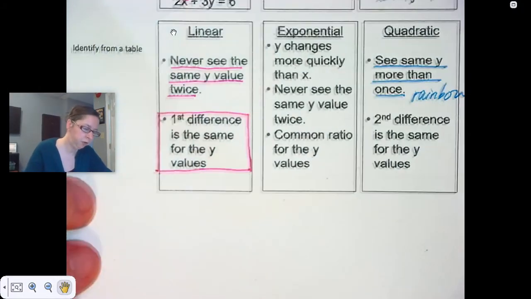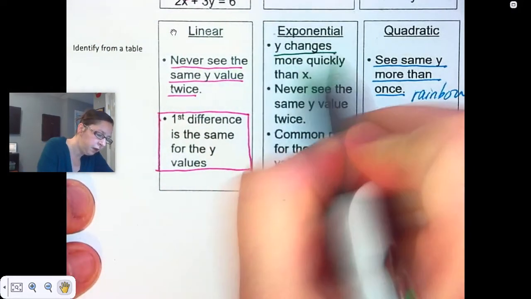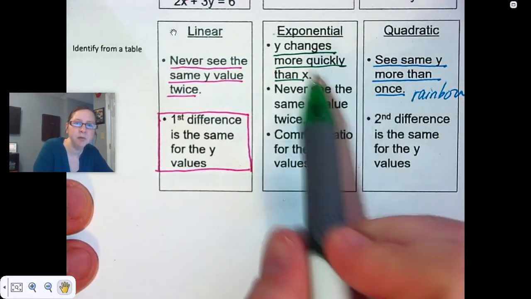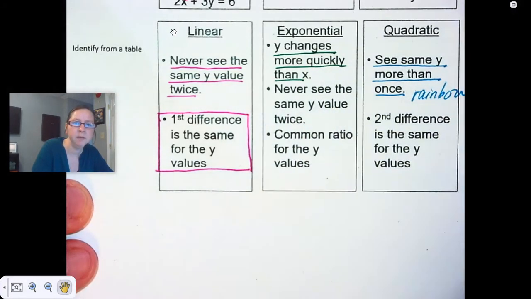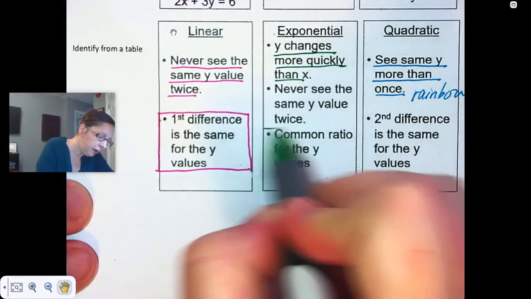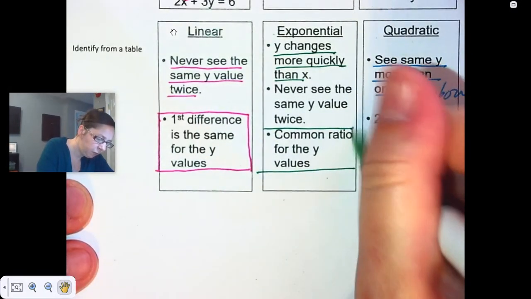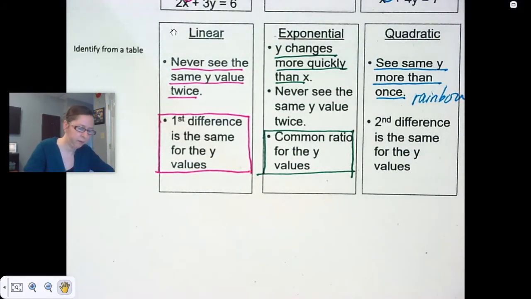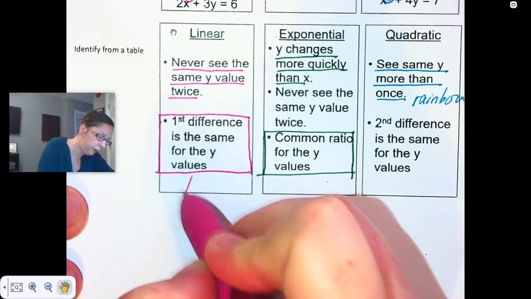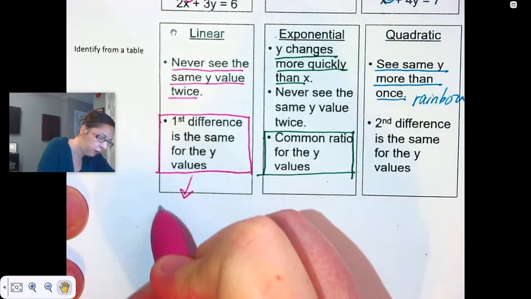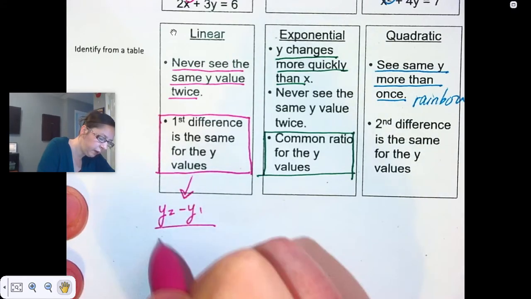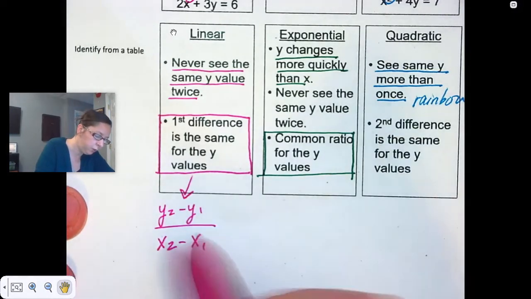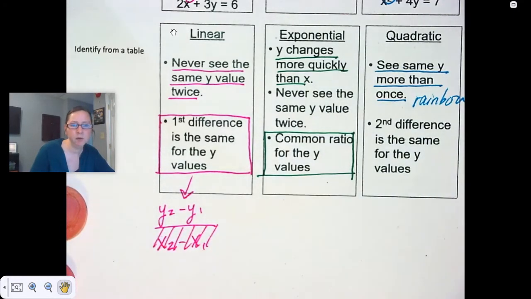And we're going to see what that means. For our exponential functions, the y values change much more quickly than the x values. We will also never see the same y value twice, and they have a common ratio for the y values, okay? Common ratio. Remember, when we say difference, what we're doing is the y2 minus y1 over x2 minus x1. But really, when I'm finding the difference, I'm only focused on the y values, okay?